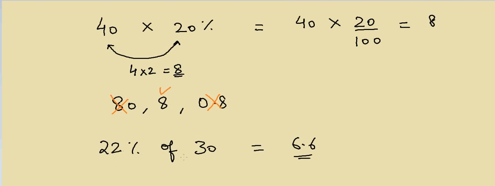I get 660, and I know that 660 is not possible, 66 is not possible, 6.6 is possible, 0.66 is not possible. So it has to be 6.6. Or if you're good at it, you can also cancel the zeros by yourself.